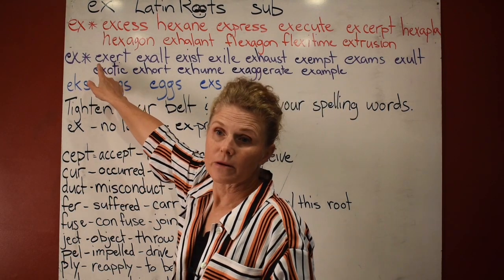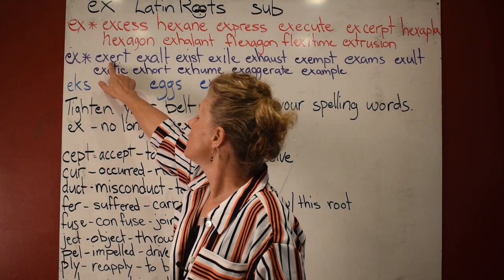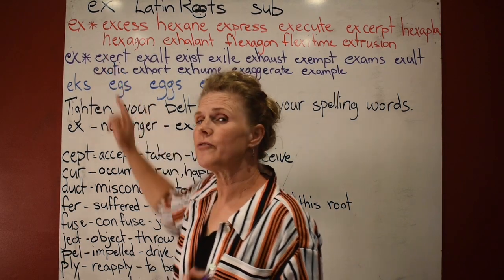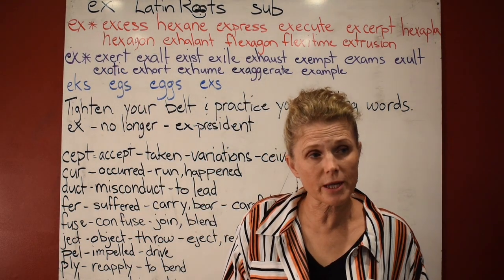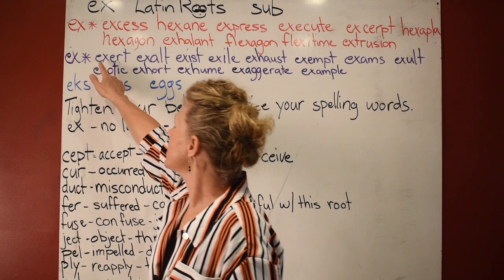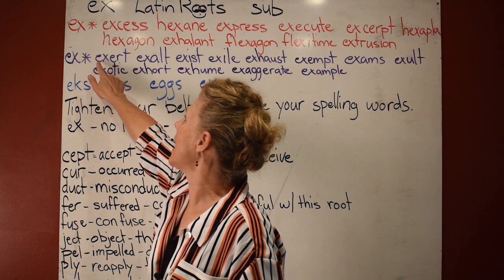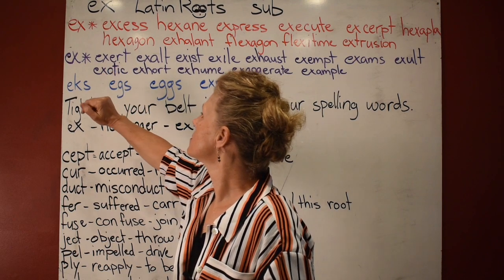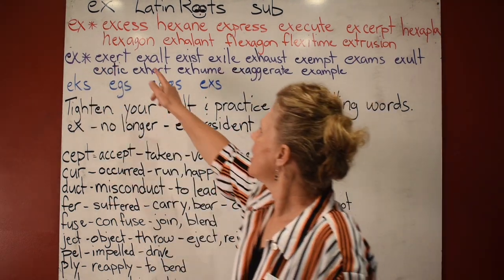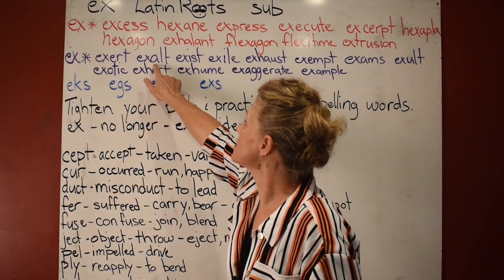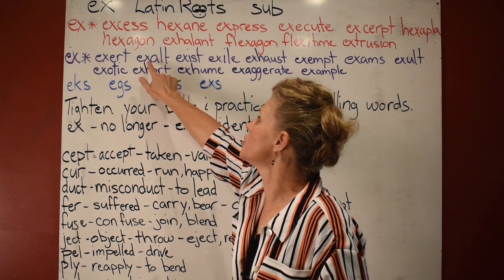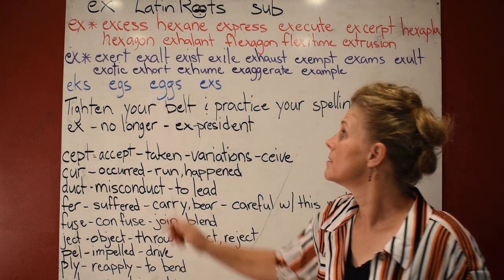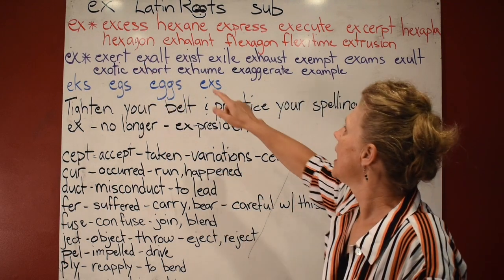Exert. Right here. So if you're trying to read a word like this, you guys, make sure that if you see it followed by a vowel, you say eggs. Just try it and say exert. Exalt. See, it's a vowel. This vowel is changing the sound of that X sound.